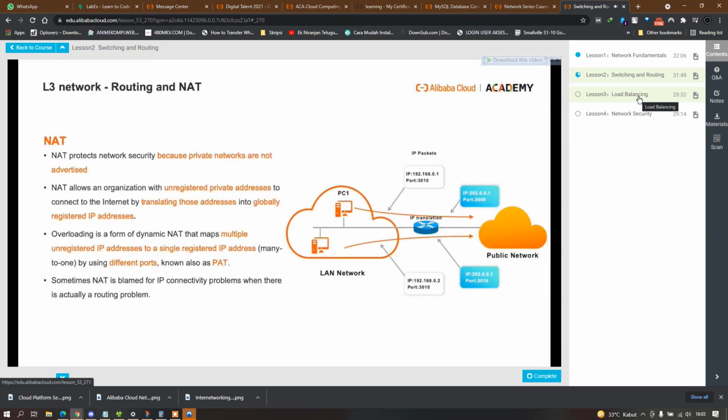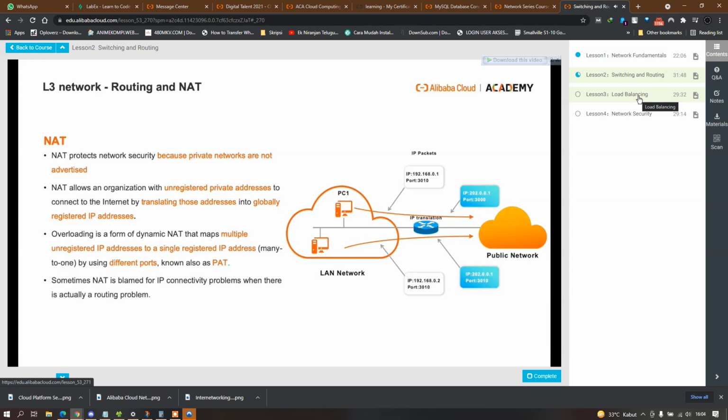Okay, so we come to the next layer 3 network concept. It is NAT. Before we learn about NAT, we should know something about the IP address. Previously, we have introduced that IP addresses have two types, right? One type is the public address, which is registered on the internet, and another type is the private IP address, which is used in the internal network, like a company network or enterprise network.